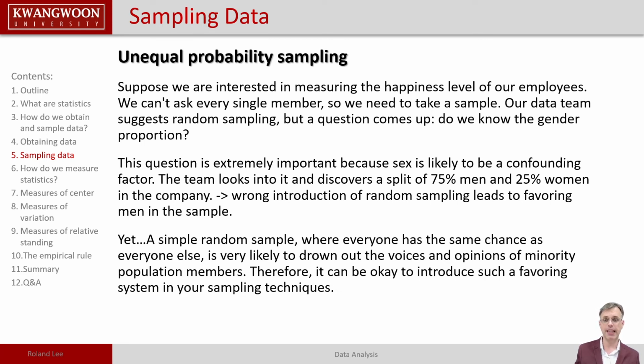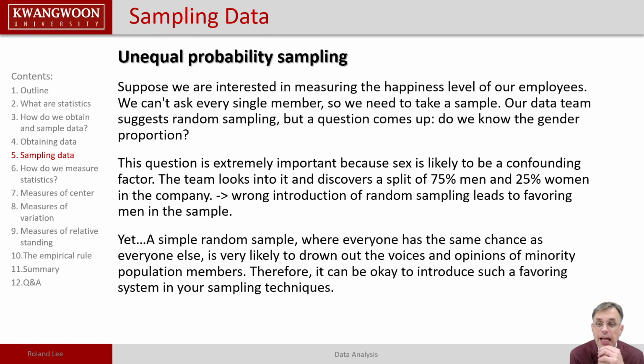This means that if we introduce a random sample, our sample will likely have a similar split and thus favor the results for men and not women. To combat this, we can favor including more women than men in our survey in order to make the split of our sample less favored for men.